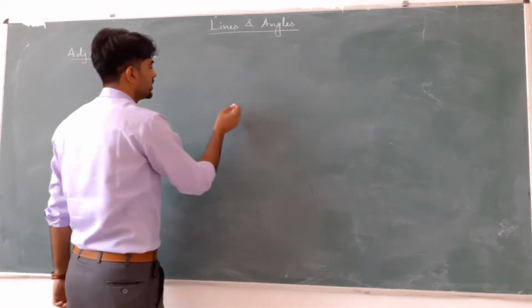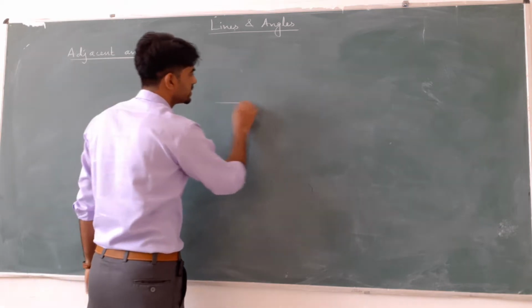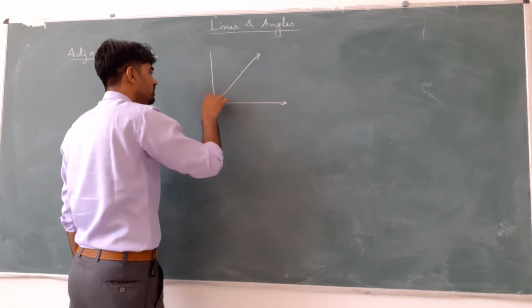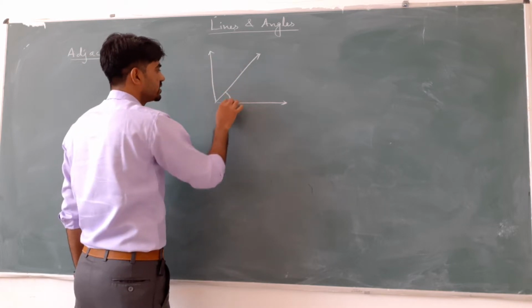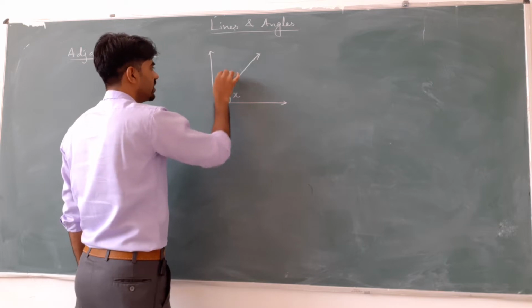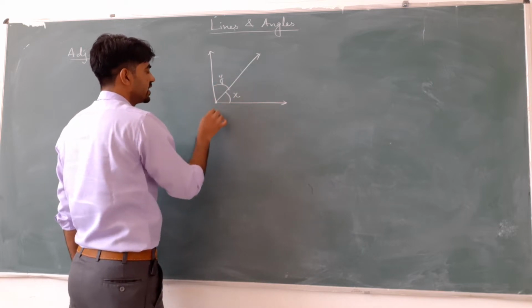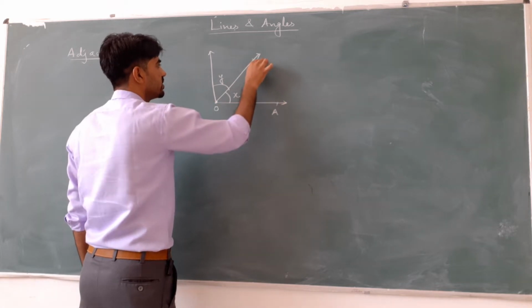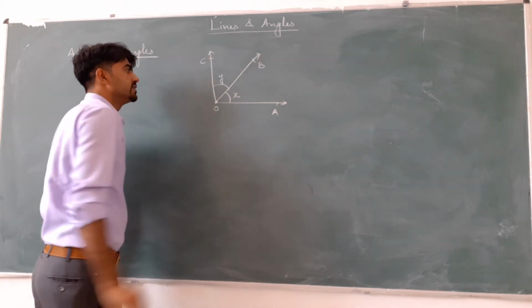Two angles are said to be adjacent. Suppose we have these two angles, angle X and this is angle Y. Okay, let us name the arms O, A, B and C.